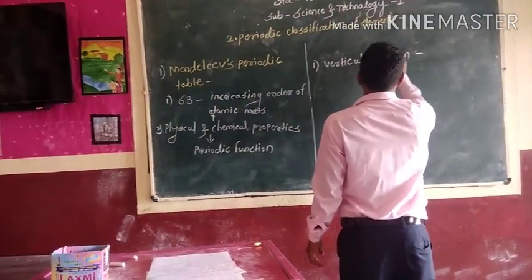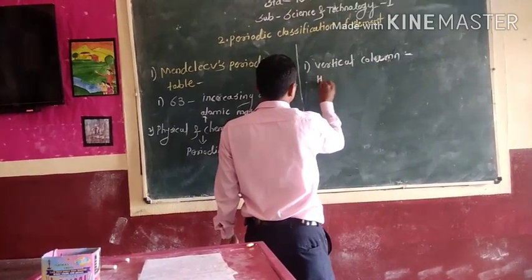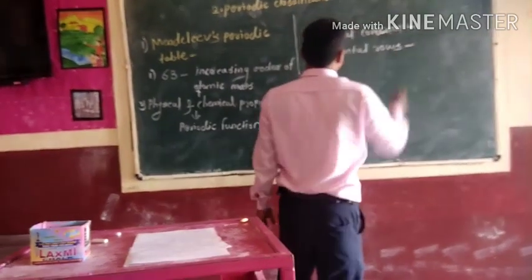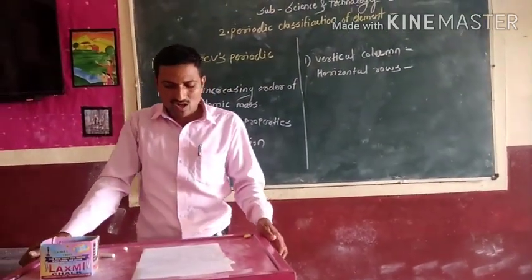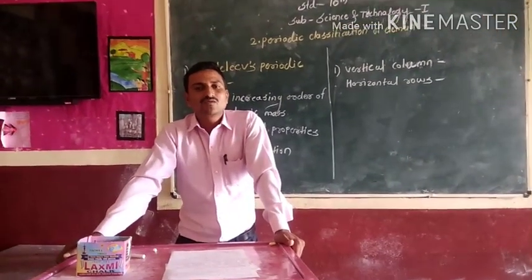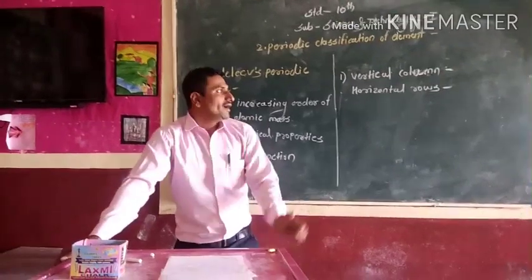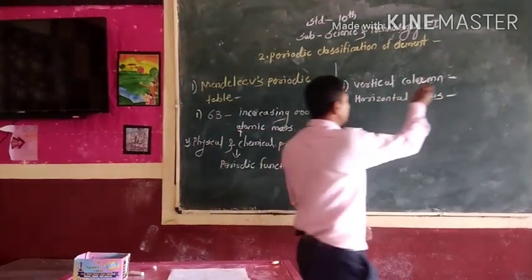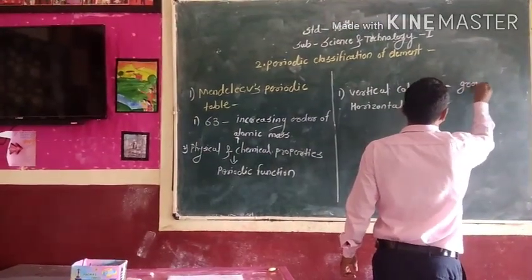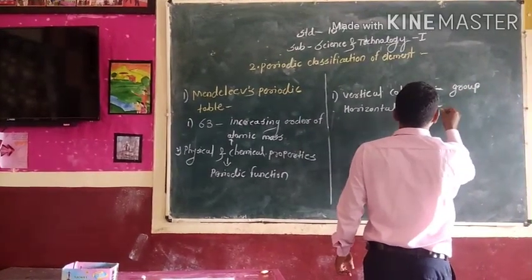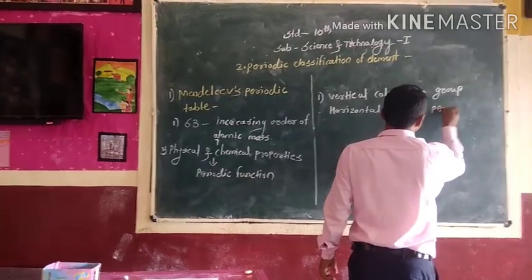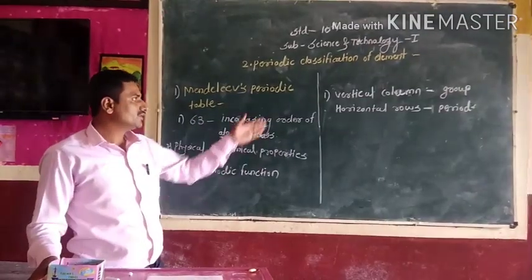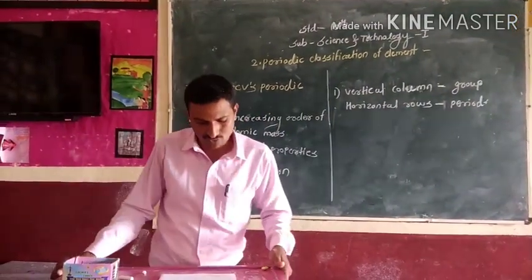The vertical columns are called groups, and the horizontal rows are called periods. So this is the arrangement of the Mendeleev periodic table, with vertical columns and horizontal rows.